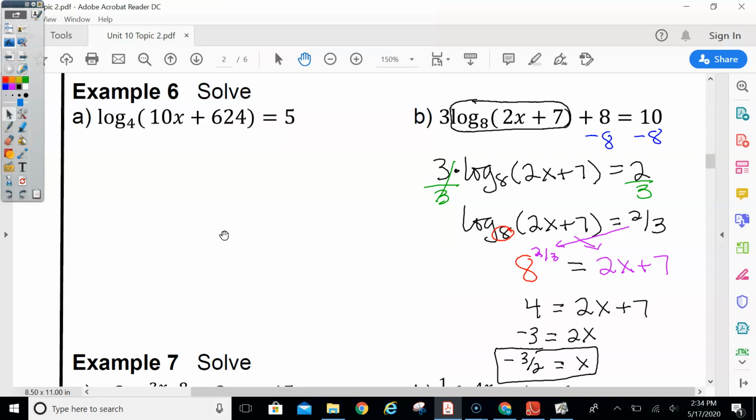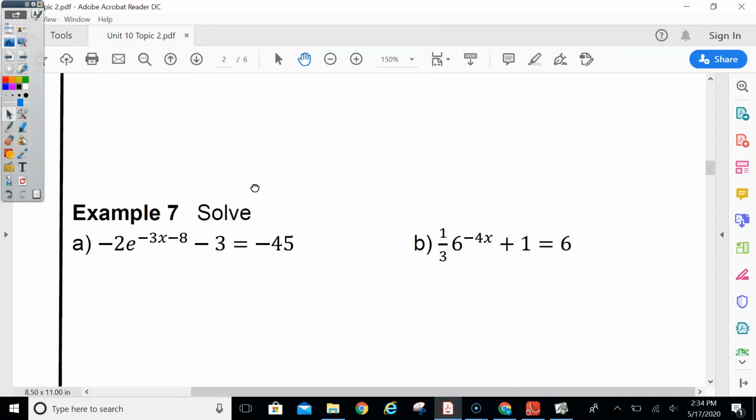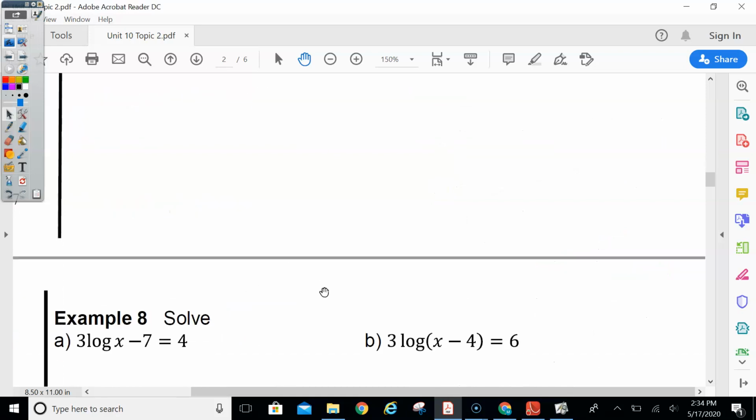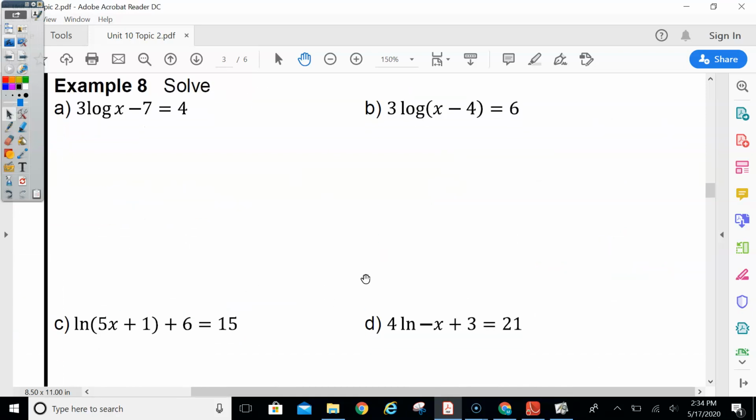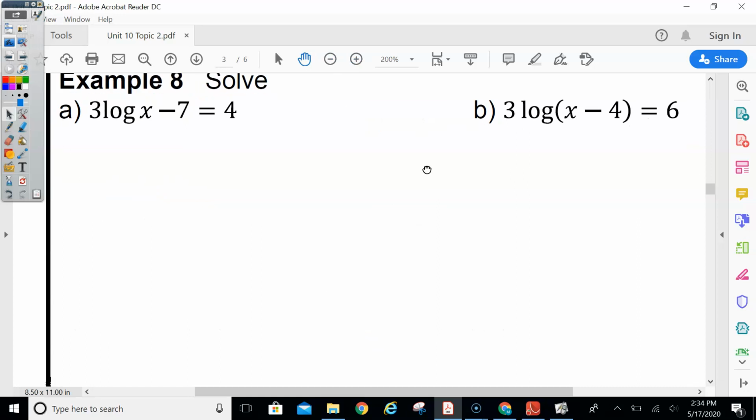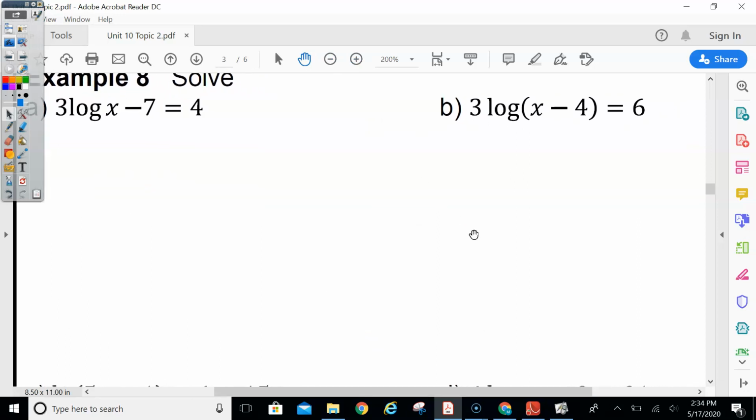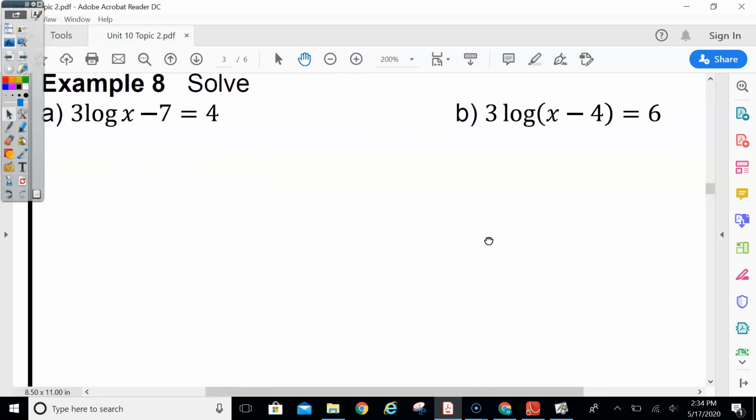Okay, so we have a few more. So I'm going to skip these because those are exponentials. I want to look at these because we solve them the same way, but you got to remember what the bases are. So here for this one, we're trying to get the log and the argument by itself.